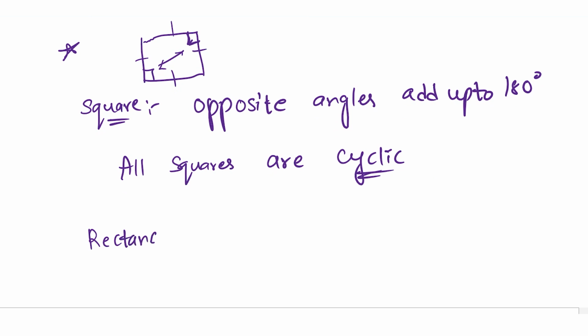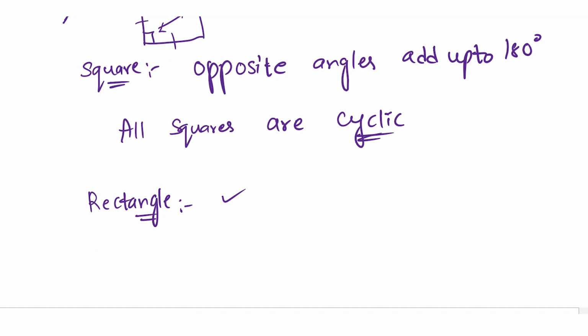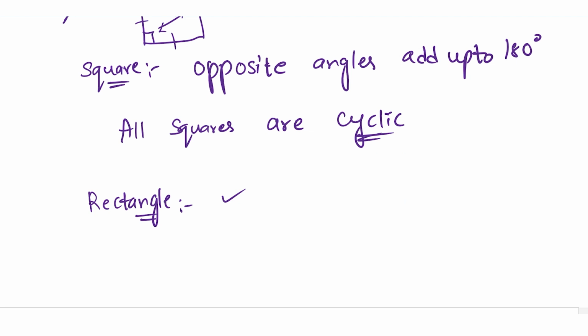Can you say about rectangle? What can you say? Rectangle is also the same. So that means they all fit inside a circle. Let's say if I draw a random shape, a square or rectangle.